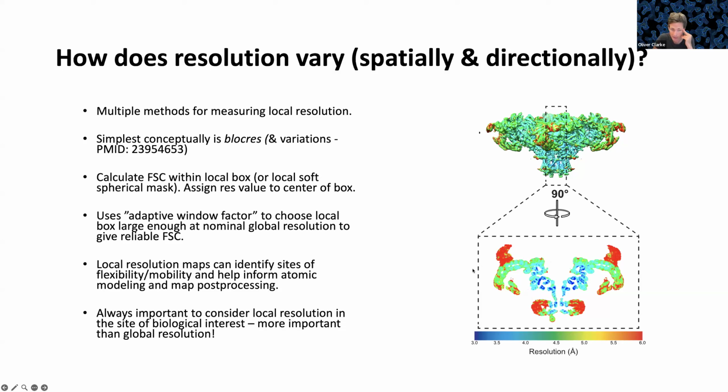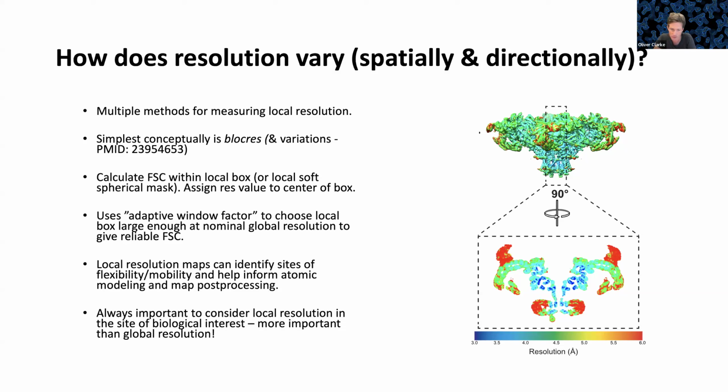The other thing I would point out here is it's super important to consider the local resolution in the site of biological interest. That's much more important than the global nominal resolution. So for example, if we reported this reconstruction and said the global resolution is 3 angstroms, which it probably would be, but we're doing a paper on something that binds to this domain, then saying that the resolution is 3 angstroms is not super informative.